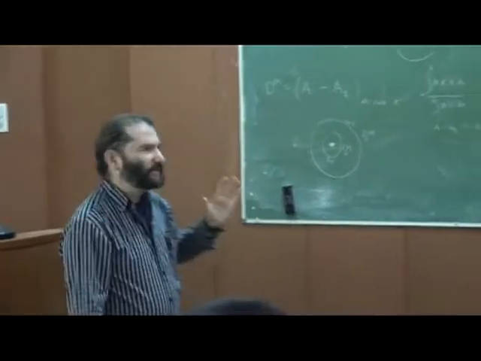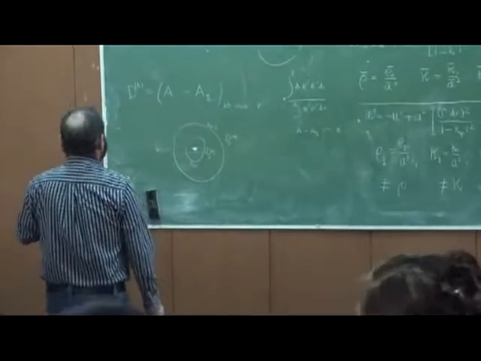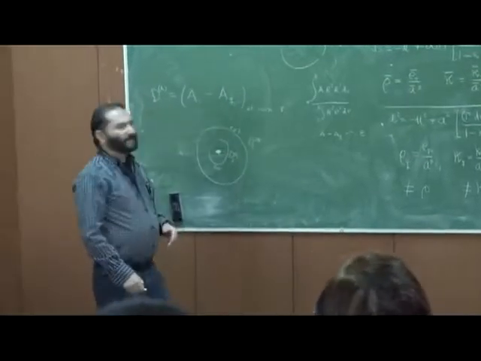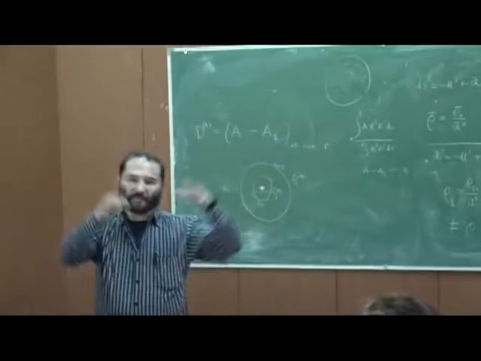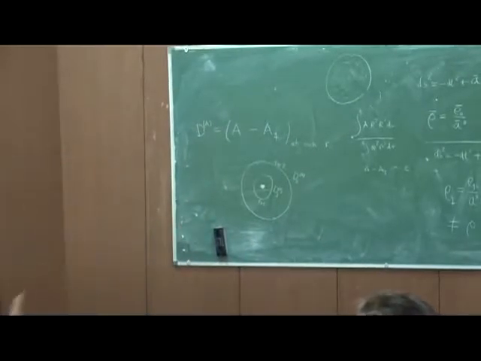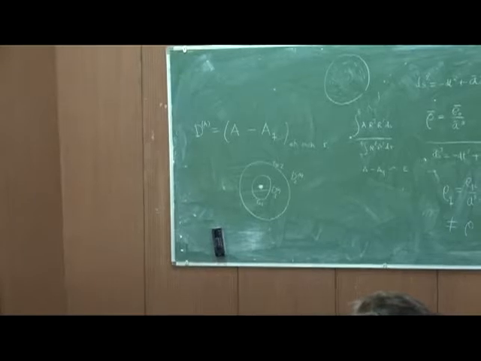Now, notice that here what we are doing, we're comparing A and A_Q at each orbit. At each orbit, we compare these two things. And so we get a function that depends on the orbit, depends on the coordinate r, small r, that is labeling the orbits.